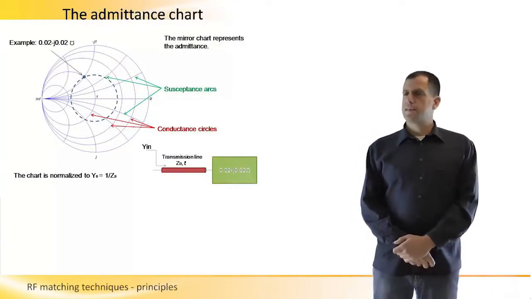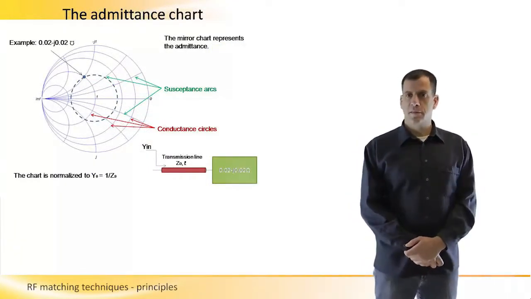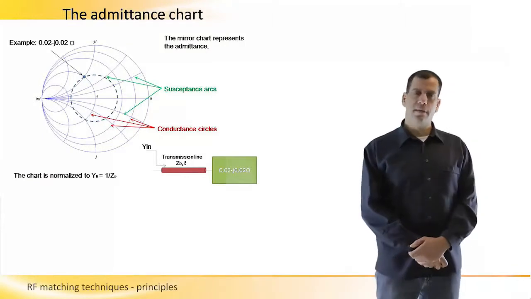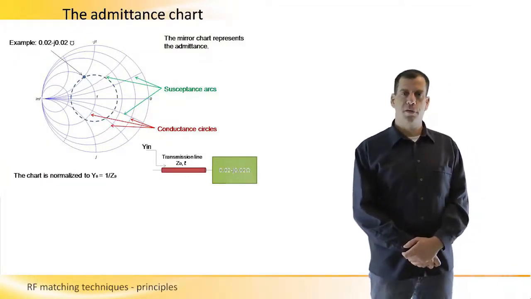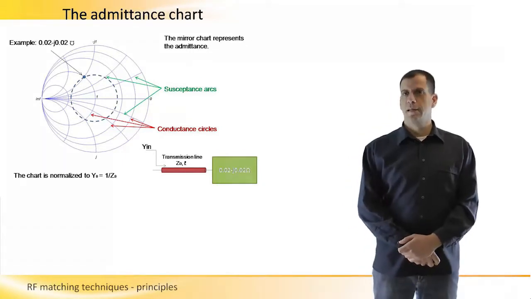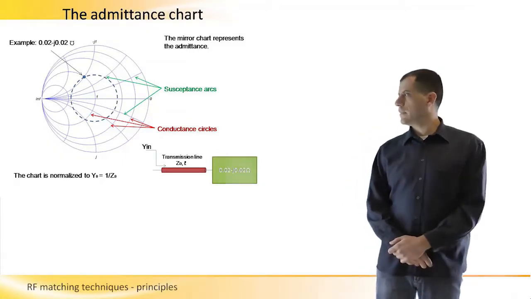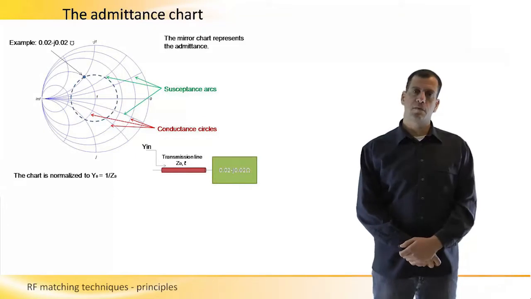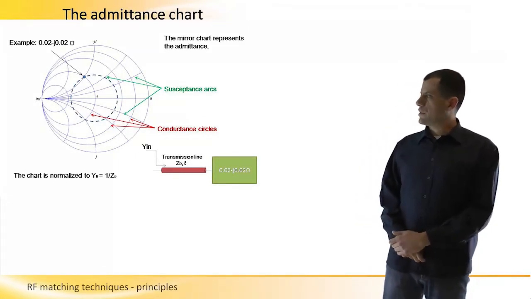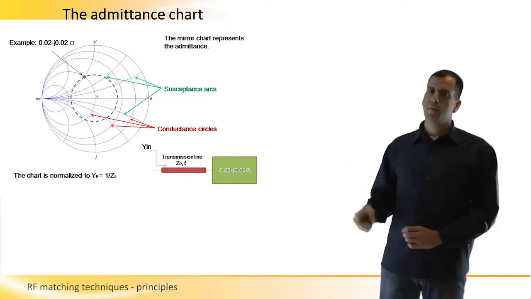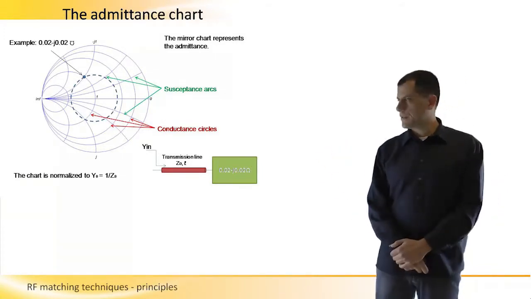Up until now, we have discussed the impedance Smith chart, but actually there is another chart which is a little less popular, but is very important to matching RF circuits, RF systems, which is the admittance chart. If we look at the admittance chart, we can see this is actually a mirror image of the impedance chart.